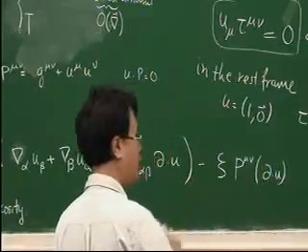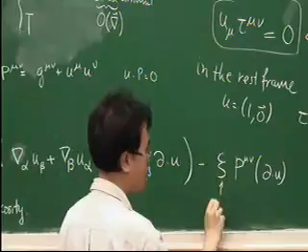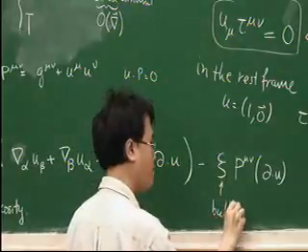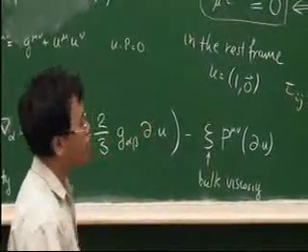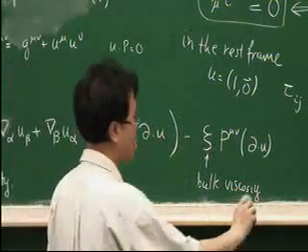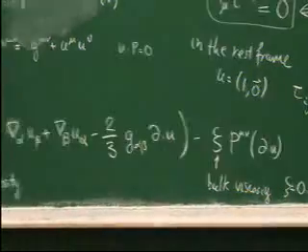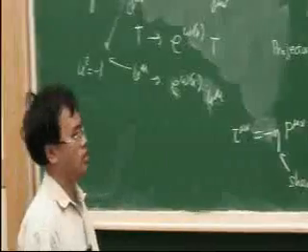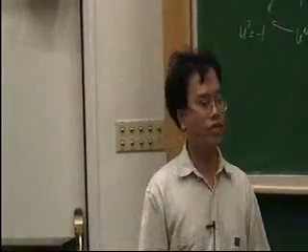That will have a non-zero trace, and this one is actually called the bulk viscosity. In the conformal fluid, when T mu nu has to be traceless, zeta has to be equal to 0. But in general, there is a bulk viscosity.